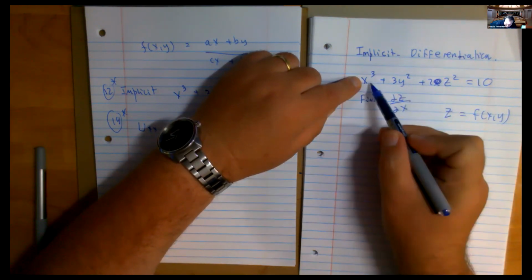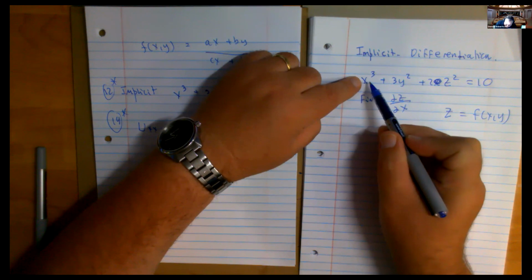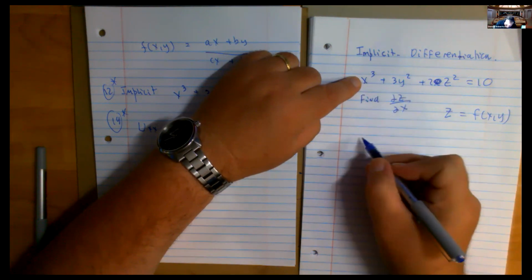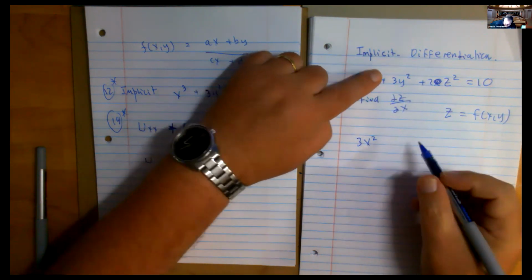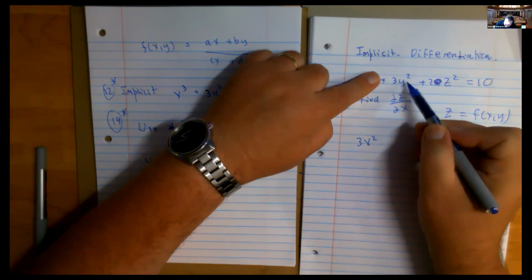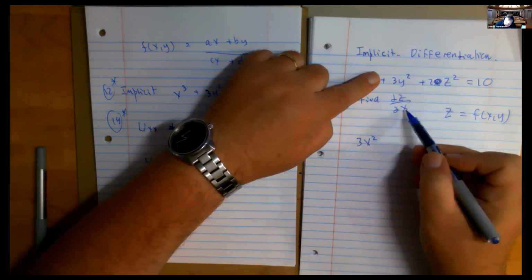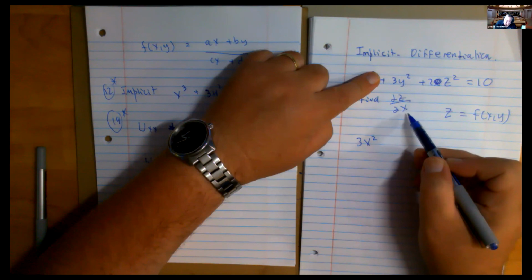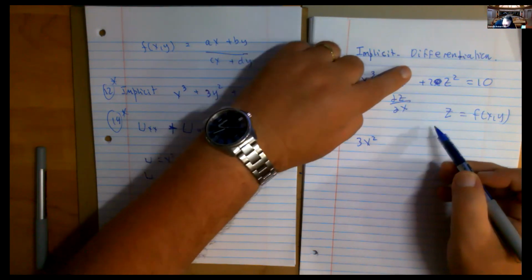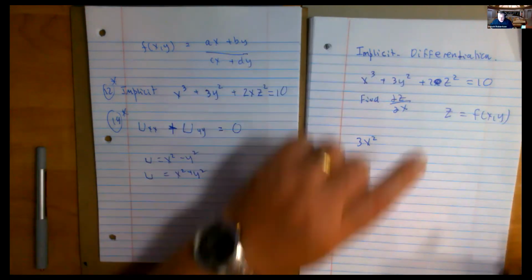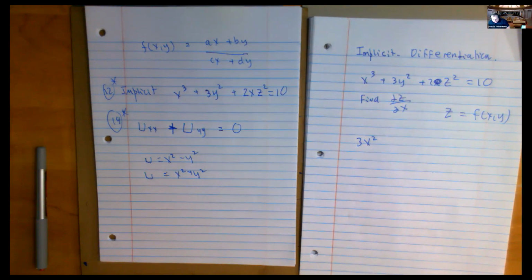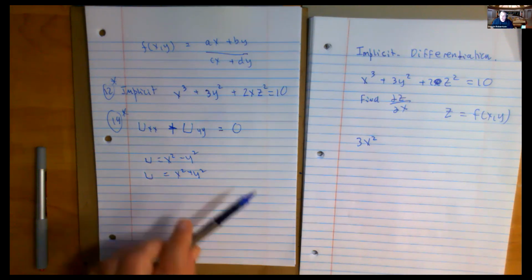20. So, partial derivative with respect to x of x cubed is 3x squared. The partial derivative of 3y squared with respect to x is 0, isn't it? Now, what about 2z squared? Well, the partial derivative of 2z squared with respect to x, this is where the implicit thing kicks in. Can you remember doing it in Calc 1?